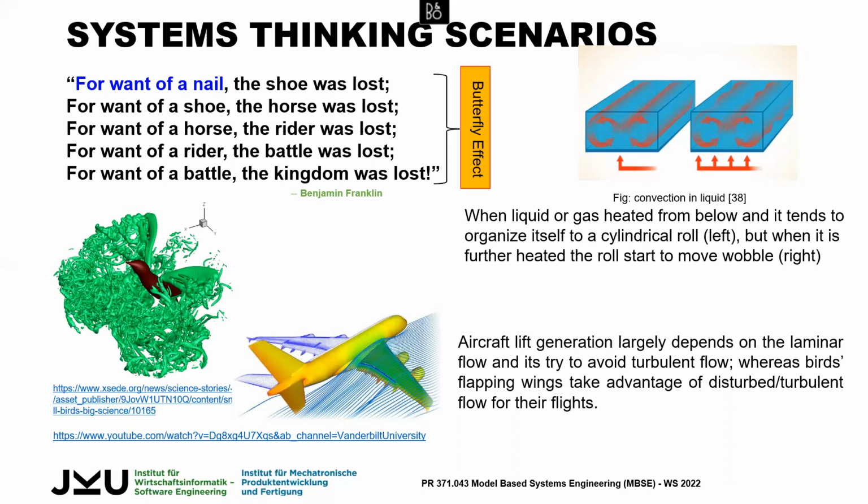They are taking advantage of turbulent flow, but in the aircraft we cannot do that. So this is system thinking at a different level. It is not linear thinking. So you have to connect other things with your thinking when you are thinking of a solution. So that's actually the core of system thinking.